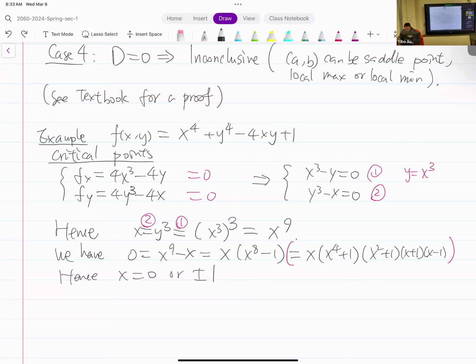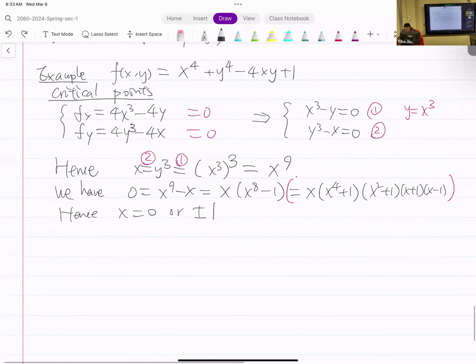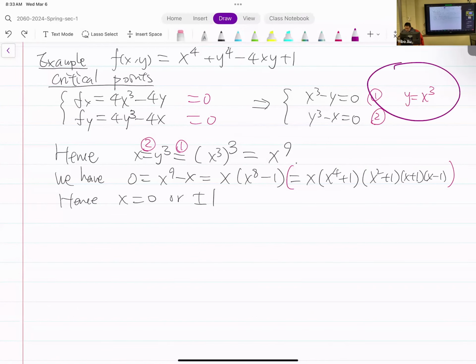So how do we determine the y value? Yeah, we plug it back into, let's say, equation 1 that we utilized. So y must be x cubed. Here we have three situations in terms of x, then we need to respectively calculate the y values. Okay, that's a very good observation.